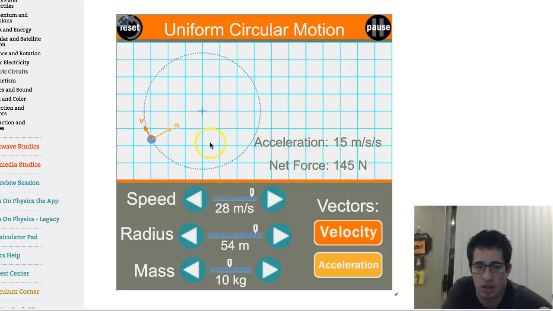What we call this acceleration is centripetal acceleration. Centripetal means center seeking. So this particle has a centripetal, or center seeking, acceleration that causes it to rotate in a circle. And we can actually quantify that acceleration and find how strong it is.